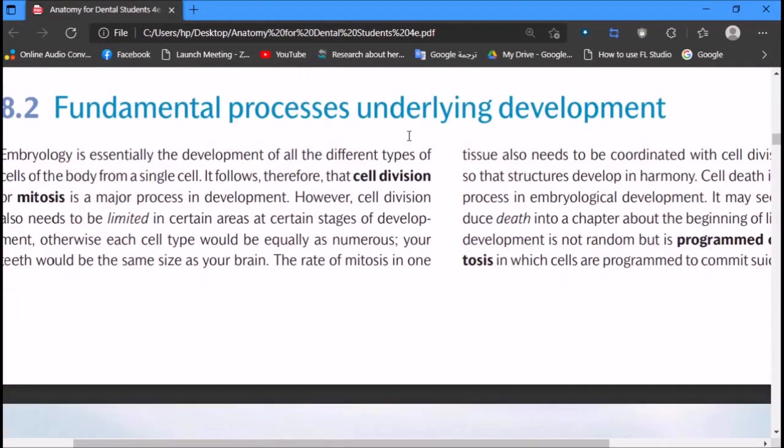Four germ layers develop during the pre-embryonic and early embryonic period, each giving rise to a specific set of cell types.